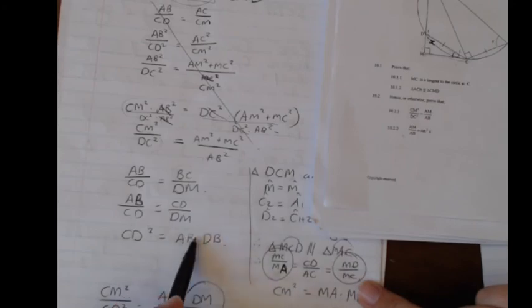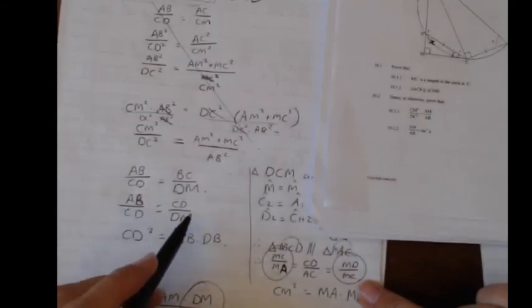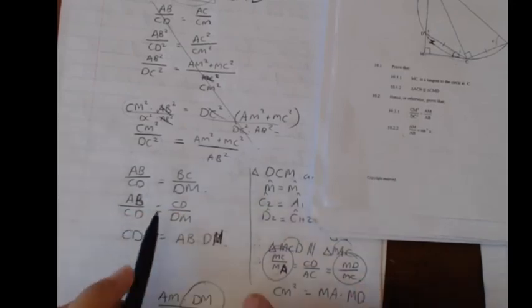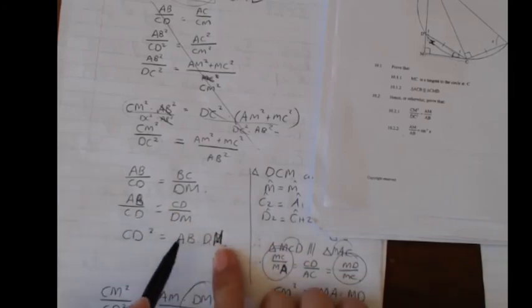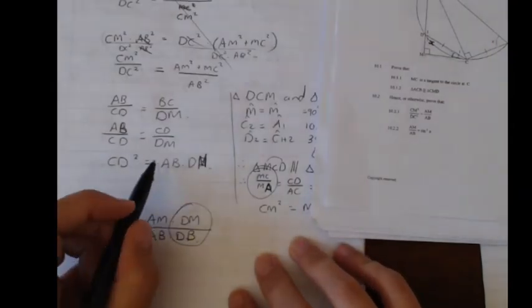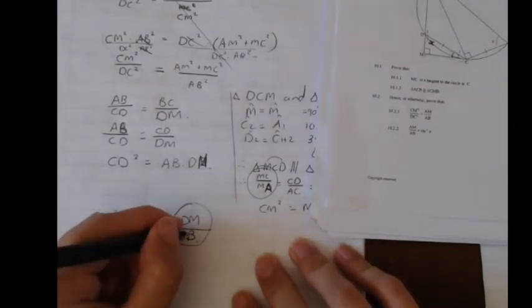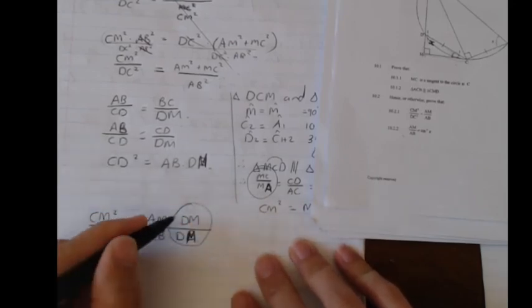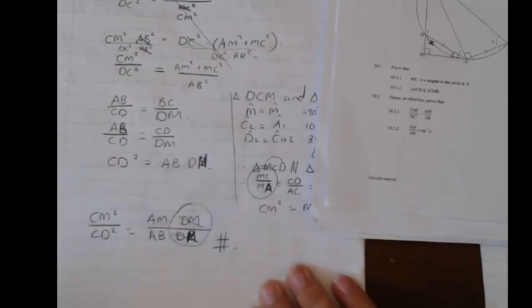AB times CD, AB times DM. That's not DM. CD times CD, CD squared, AB times DM. Sorry, made a mistake there. Oh, thank goodness. So this CD squared is AB times DM. Yeah, that looks better. And then that will cancel, leaving me the desired result there.